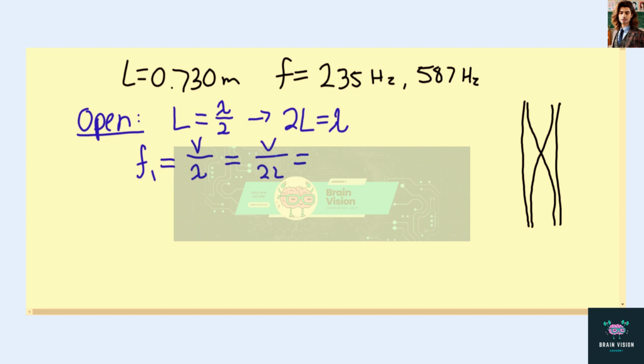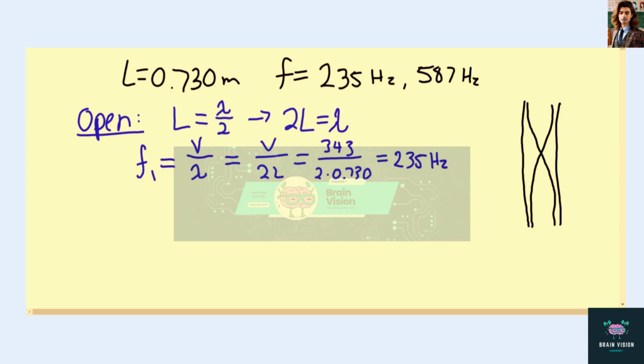So the fundamental frequency for the tube with this length, if it was open at both ends, would be 343 divided by 2 times 0.730. If you calculate that, you'll get that the fundamental frequency is 235 hertz, which is great because that is one of the frequencies that we're looking for.